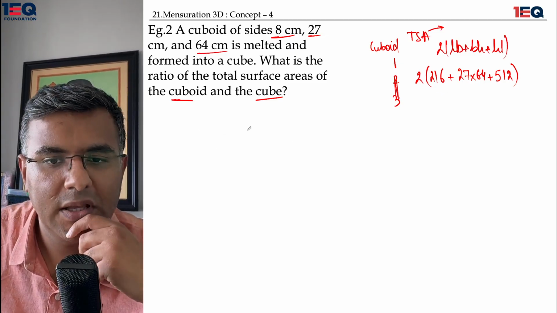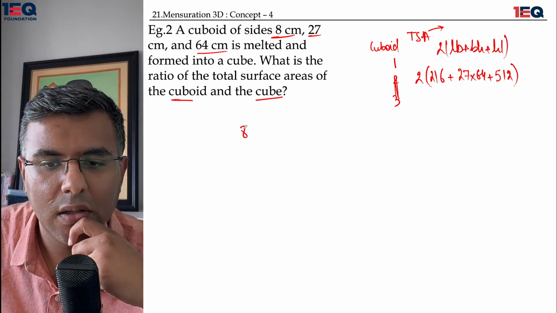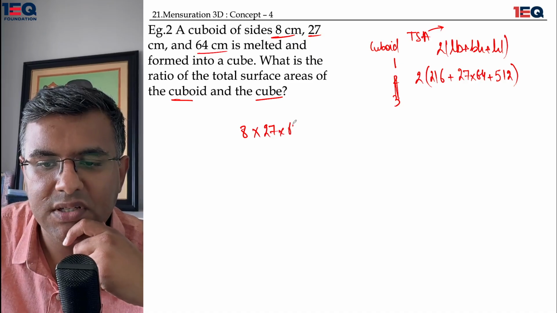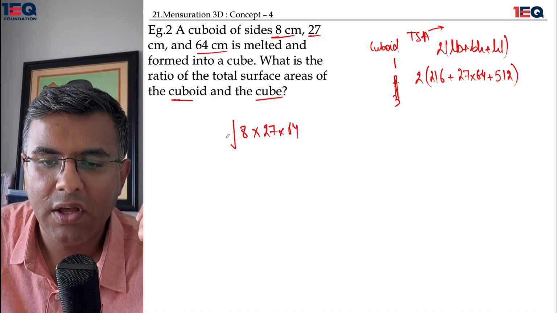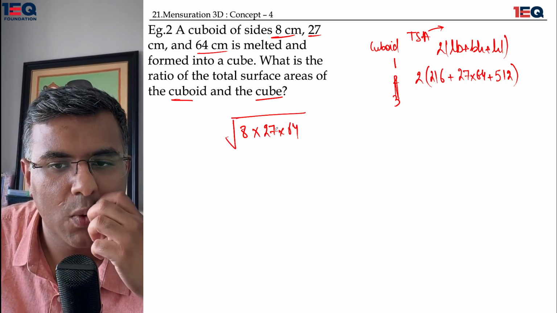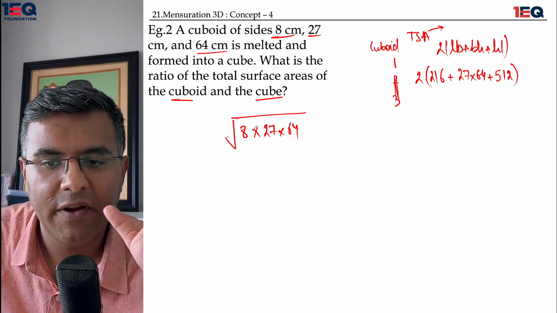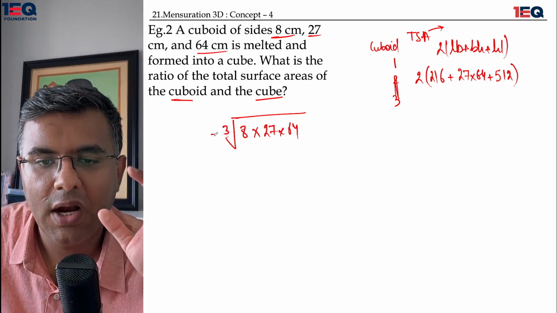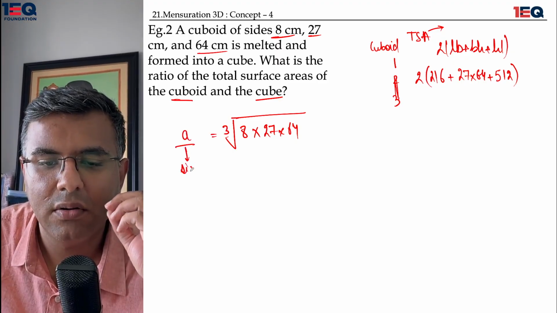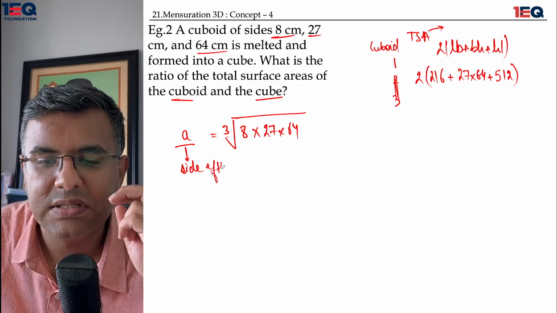First of all, let me think of melting it as well. That would be a better idea. 8 into 27 into 64 would be the total volume. If I cube root it down, that would give me the side of the cube.